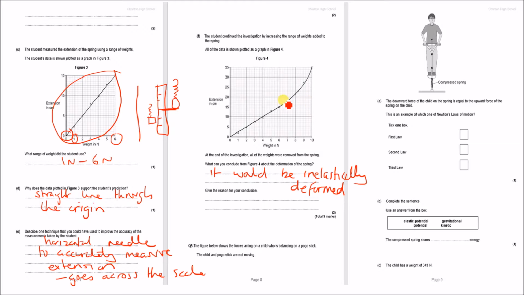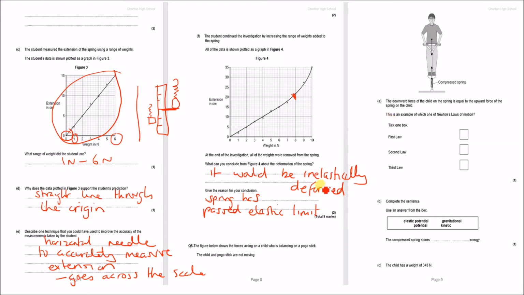Okay, and we know that because at this point here it is no longer directly proportional. So the spring has passed its elastic limit. And remember, this point here is your elastic limit, or the limit of proportionality. Remember, you can use both terms.